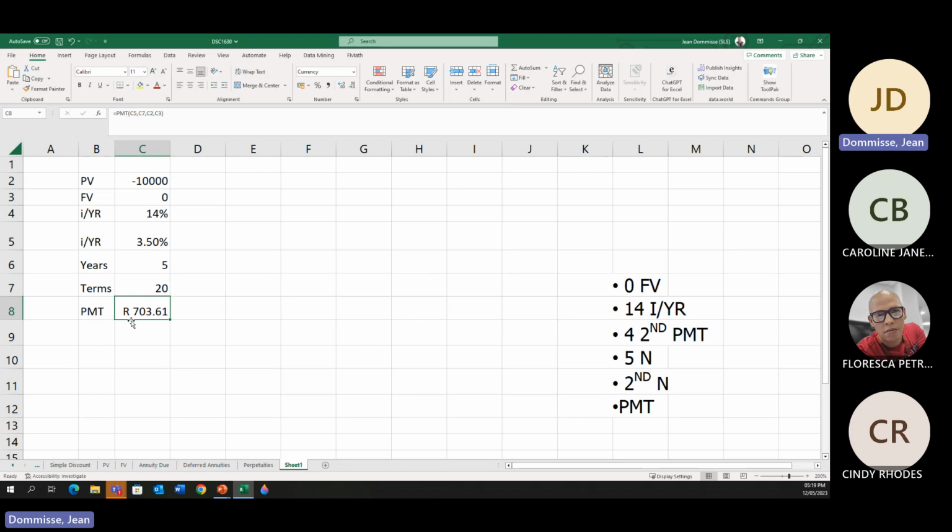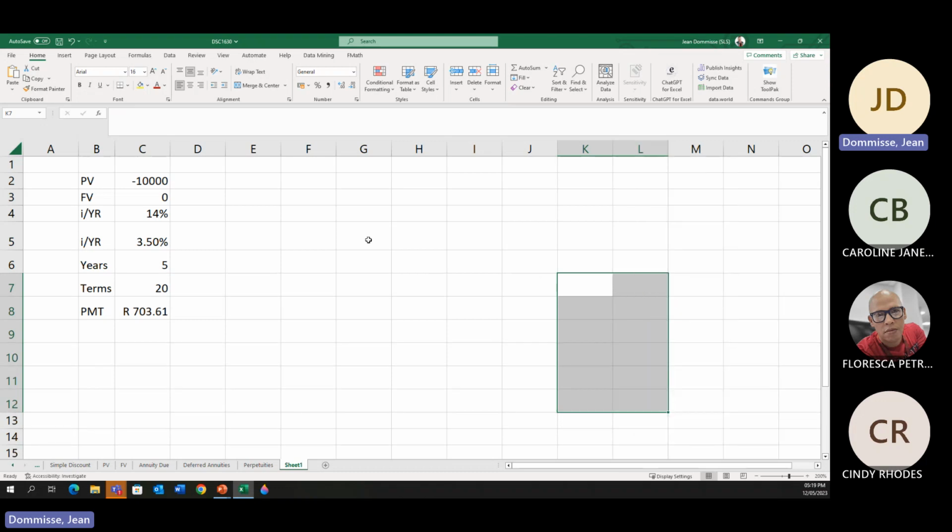Then your PMT will be 703 Rand and 61 cents, as in example 5.1 on page 81, 82 of the study guide. We could have used all of that information as given in your financial calculator, but this is also a way to use it in Excel.